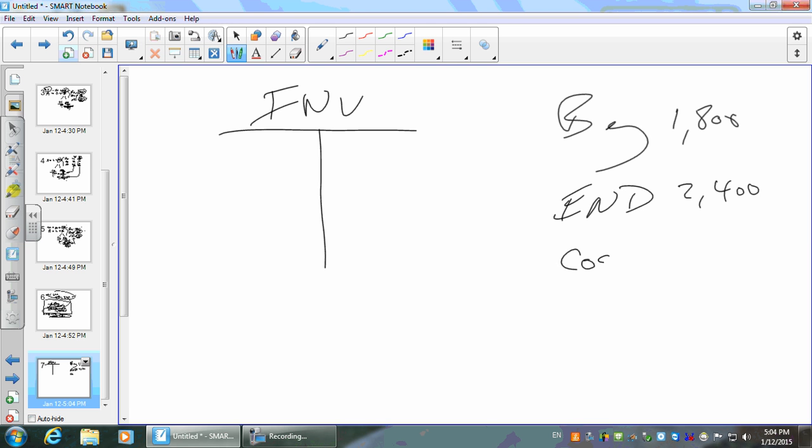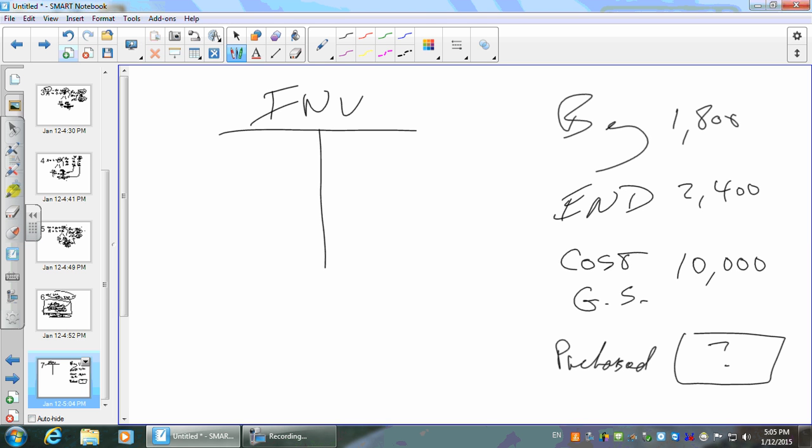And my cost of goods sold, that's the cost of the inventory I sold, and it is an expense account, right? It's the expense for selling, is $10,000. I would like to know how much I purchased. Do it. Okay. Can you do it?